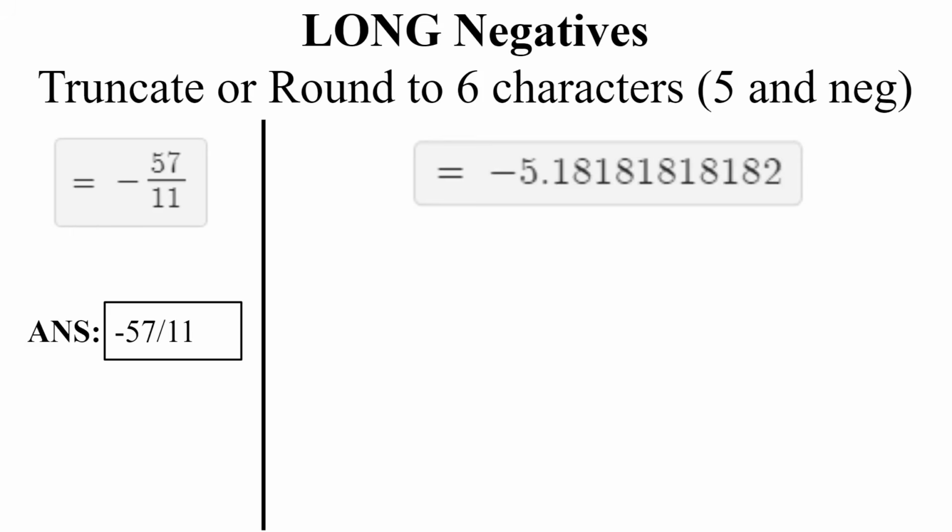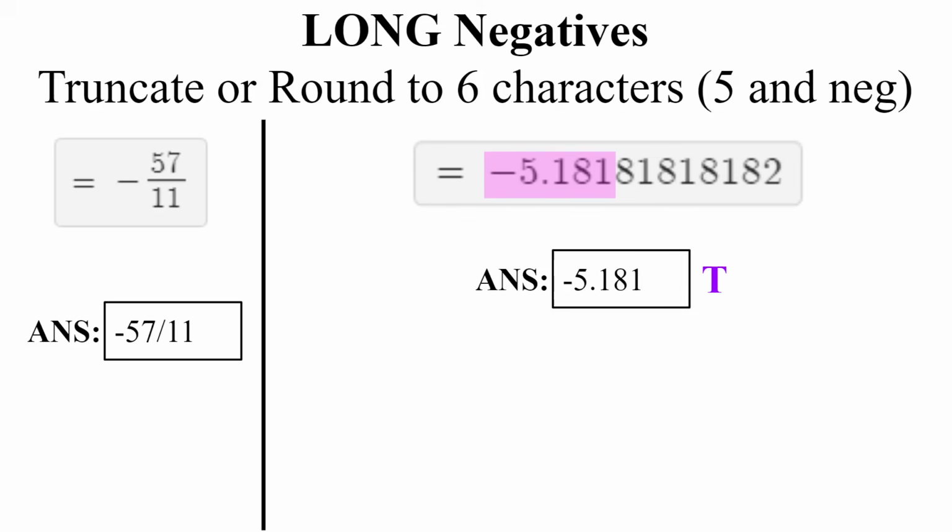If you wanted to use a decimal, we don't have to worry about any kind of optional leading 0. There's a 5 in front, so we have to include that. So 5 characters past the hyphen. Truncated, we just read it, negative 5.181. You notice, guys, I'm doing truncating first because I'm trying to encourage you to truncate because truncating is easier.